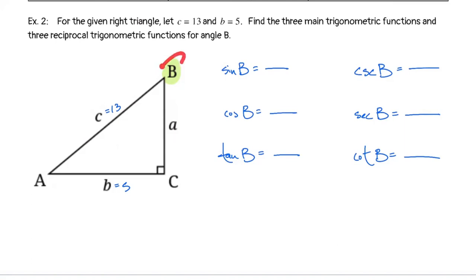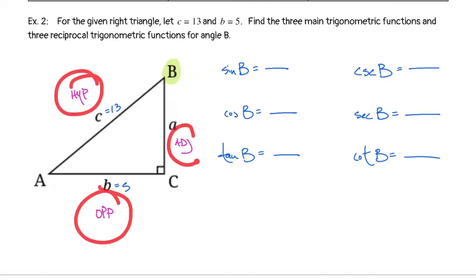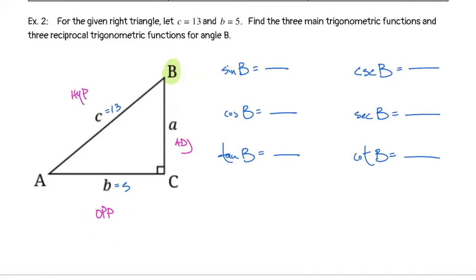So we have our angle B. Maybe one thing I should have done is written opposite down here, hypotenuse here, and adjacent here. So I would know which side is which, right? There is no shame in labeling your triangle like this, okay? It doesn't make you more or less good at math if that's what you have to do in order to get the correct answer here, okay?